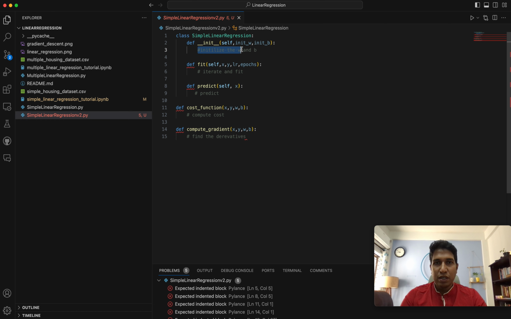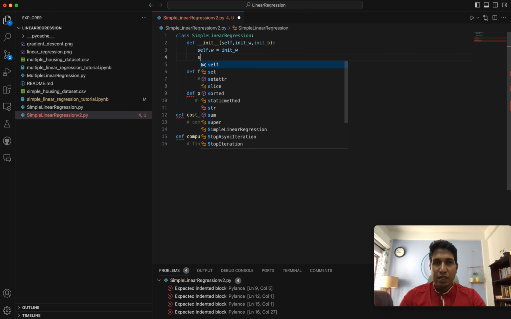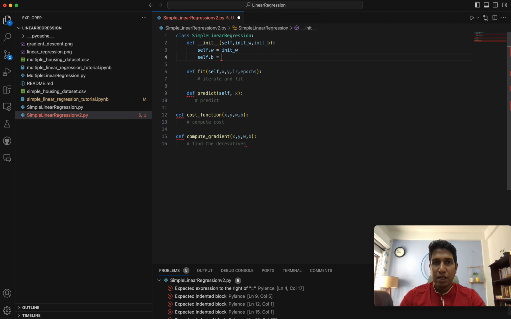The first one is the init method, where you initialize the values. Initially we may set both w and b to zeros. So let's see, self.w equal to init of w. Then we need self.b, and let's initialize it to init of b.